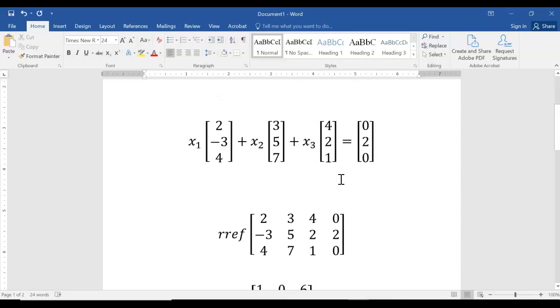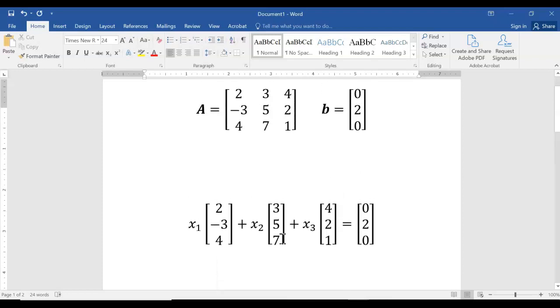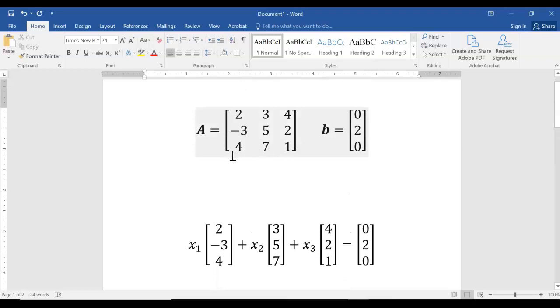And we've seen that basically that's going to force us to row reduce this big matrix to echelon form. Now, once you've seen this once, what you'll notice is that the first 3 by 3 component of this augmented matrix is identical to your matrix A, and the last column is identical to your matrix B. So when you're doing this on the homework, you're probably going to skip this second step.